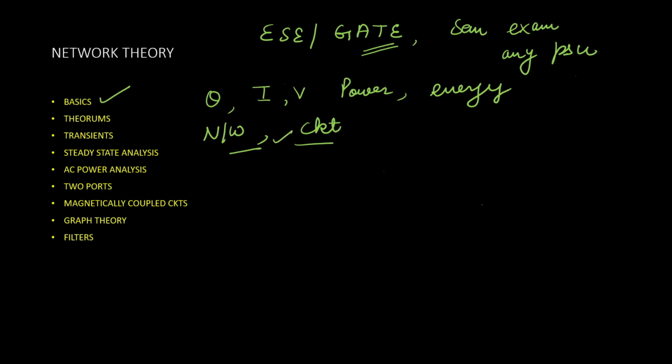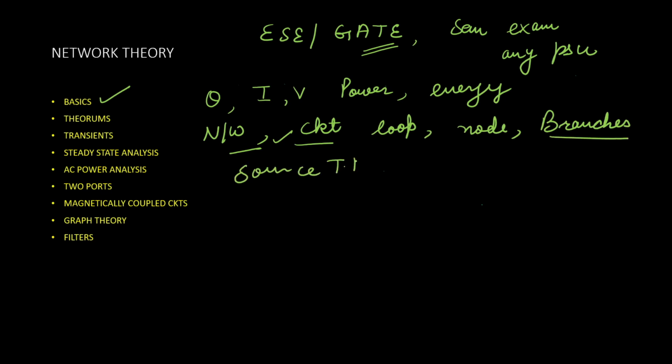Then we will learn about what is loop, node, and branches. Then we will learn about source transformation, star delta transformation, Y delta transformation, and after that what is Ohm's law.